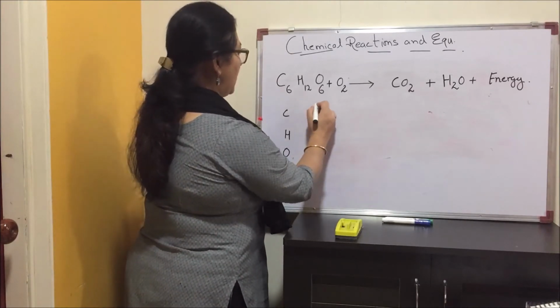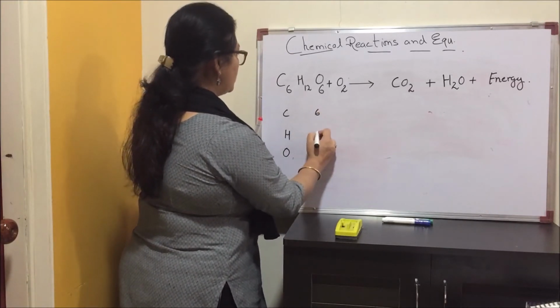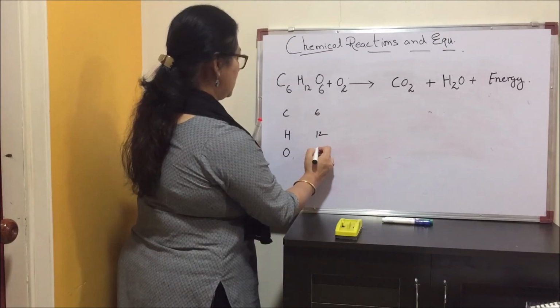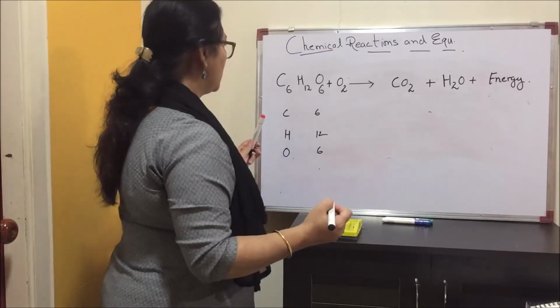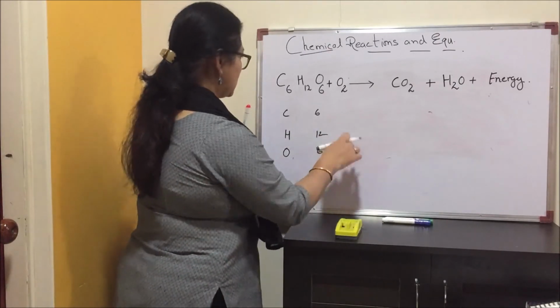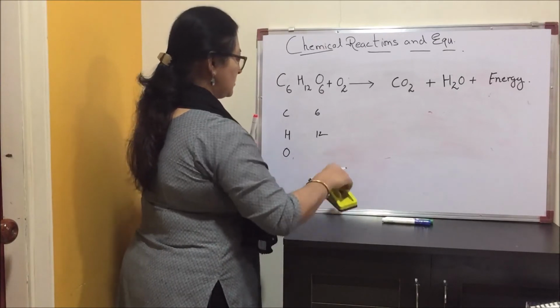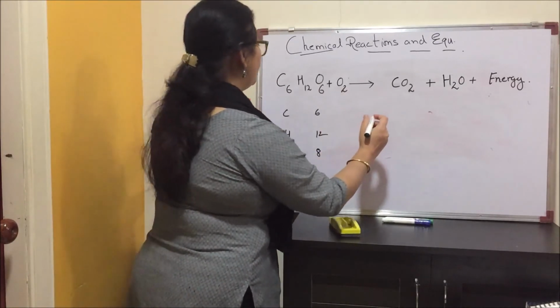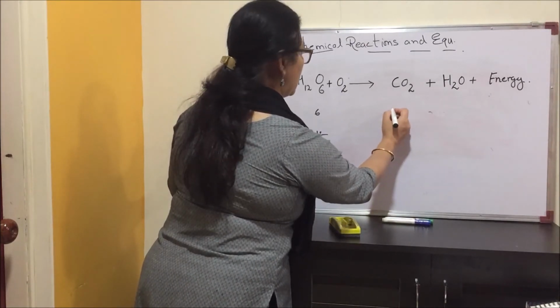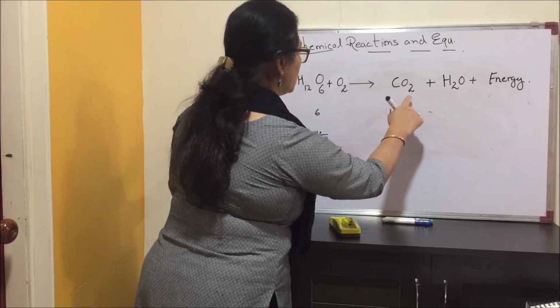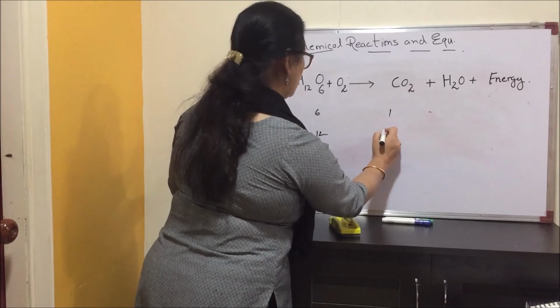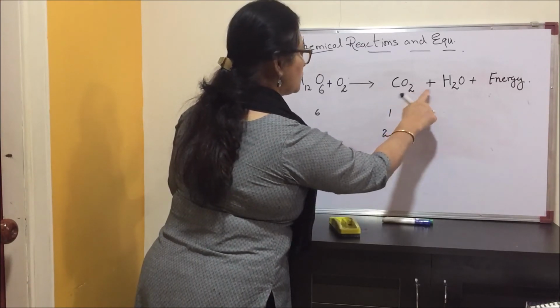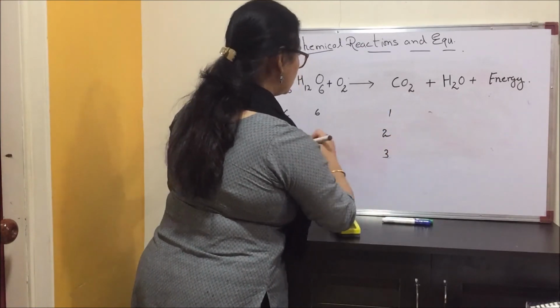Carbon on the reactant side 6, hydrogen 12, oxygen 6 plus 2, 8. Now coming to the product side, carbon is 1, hydrogen is 2, and oxygen is 2 plus 1, 3.